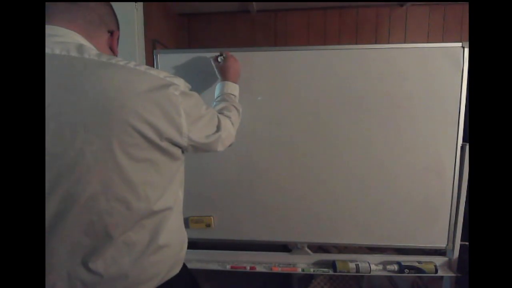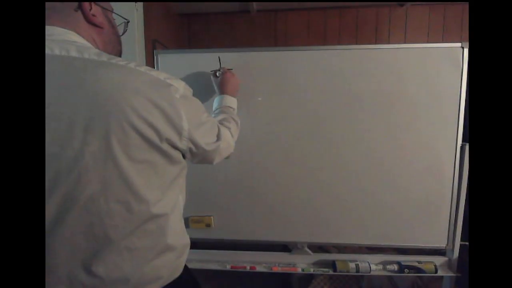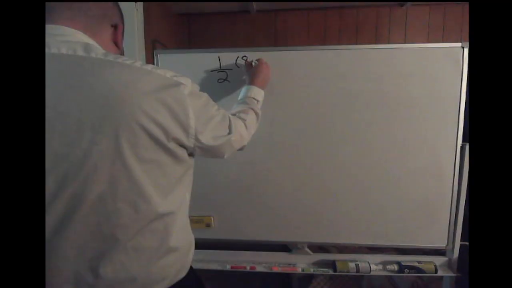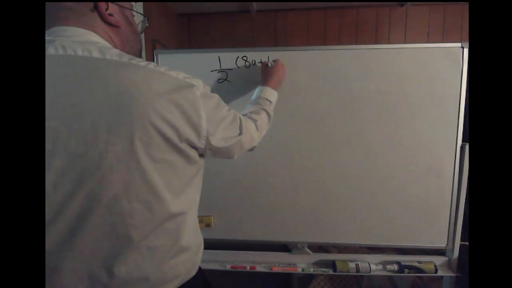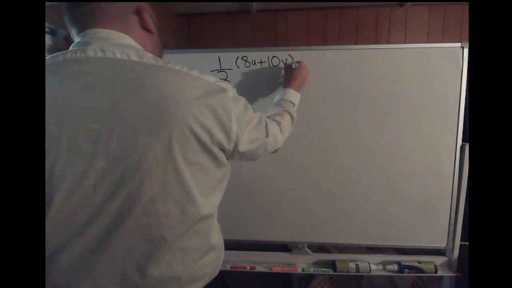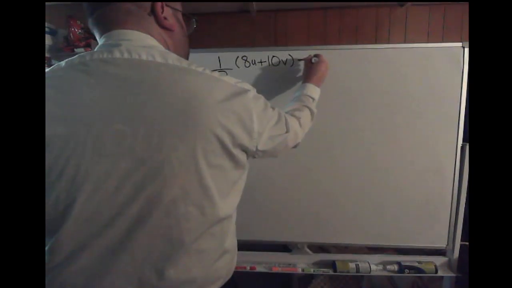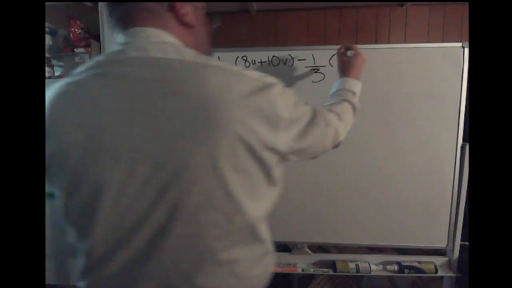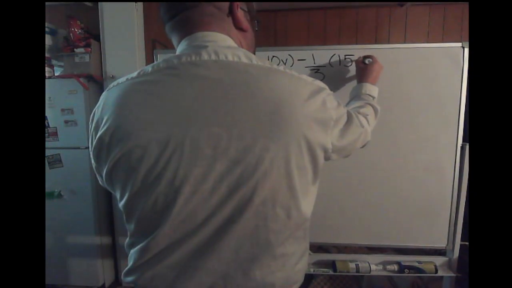Alright, I think we're ready to open the floodgates here. We have 1/2 of the quantity of 8u plus 10v minus 1/3 times the quantity of 15u minus 3v.